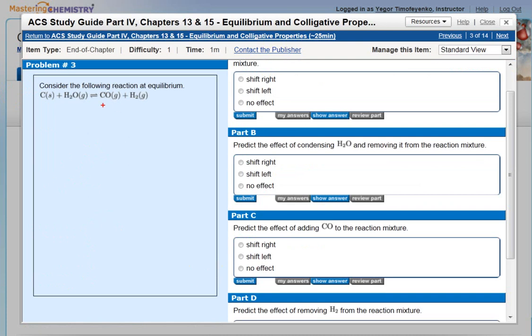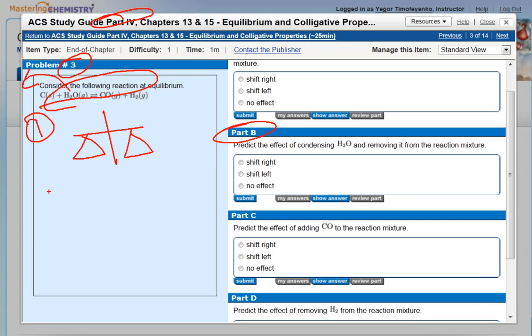Let's look at another example. Study Guide Part 4, problem number 3, we have a reaction that we're working with. Let's look at part B. Predict the effect of condensing H2O and removing it from the solution. So we're removing this over. We start with our balance, and then we removed some from here, therefore the balance is going to be shifted.